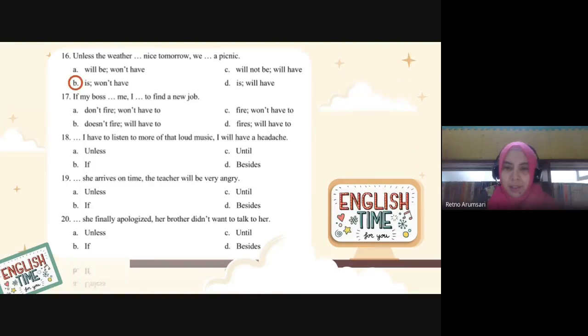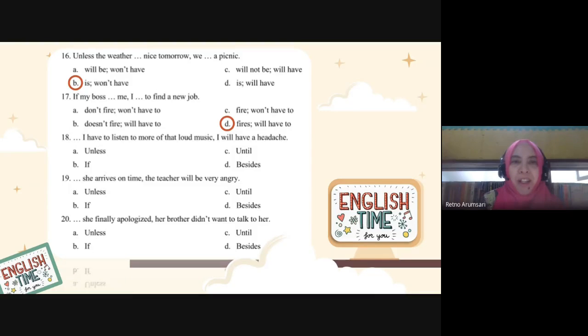Zaki answers with C. If my boss fire me, I won't have to find a job. If your boss fires you, it means that you will have to look for a new job, right? So the answer is D, sorry.